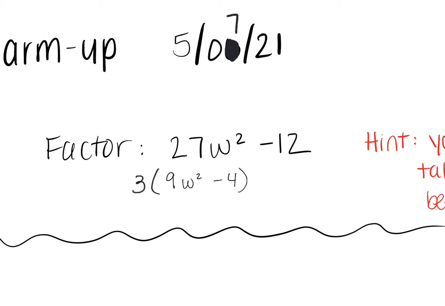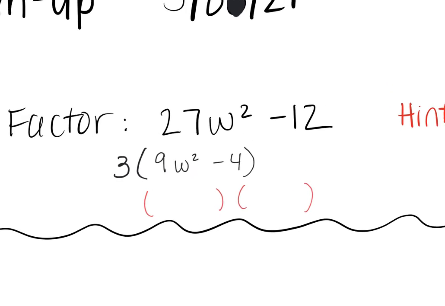Excellent. Okay, now, is 9 something squared? What is it? 3 times 3. Is 4 something squared? So we can use my awesome method, right? We can break this up into 2 parts. The first one's going to have what?